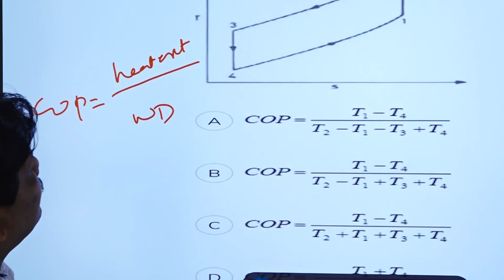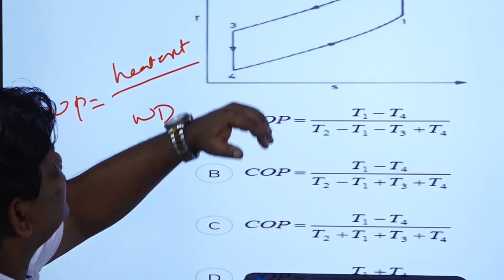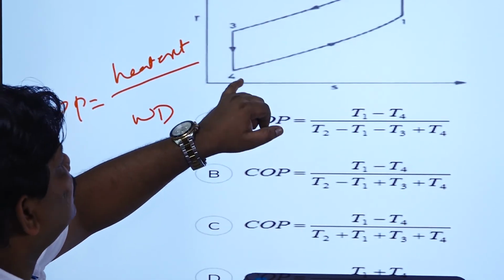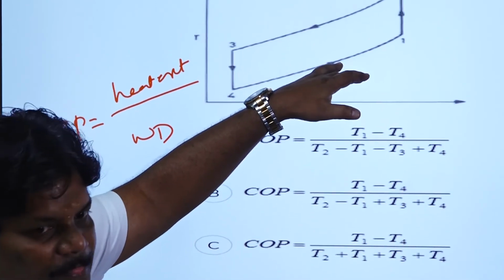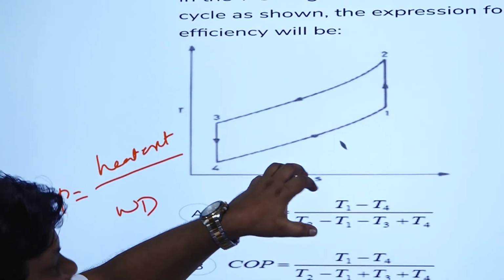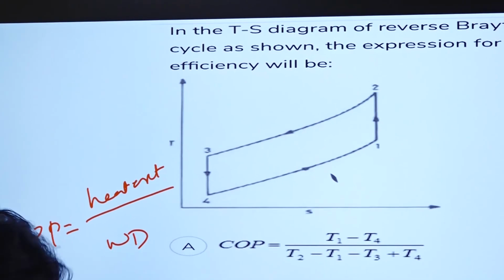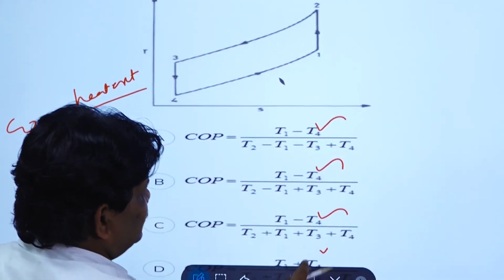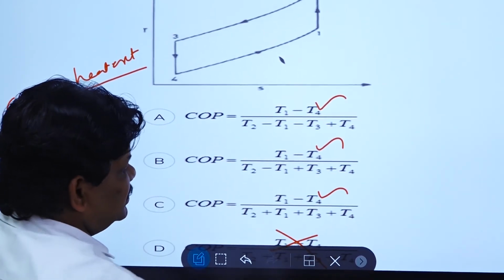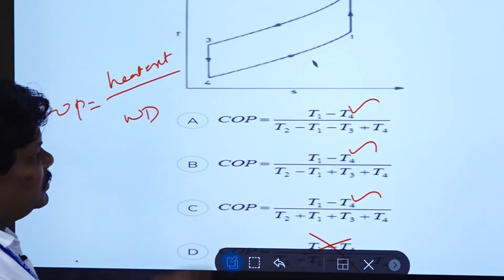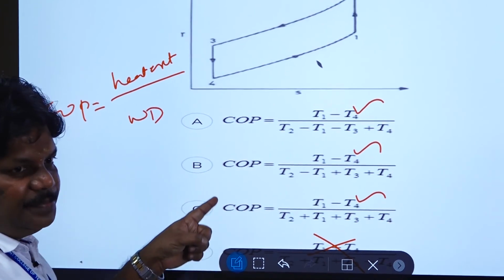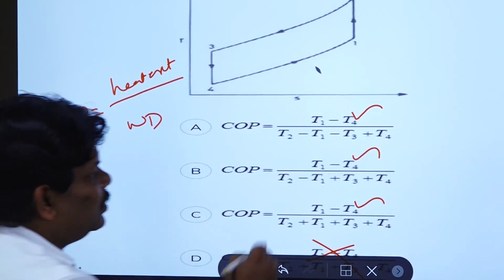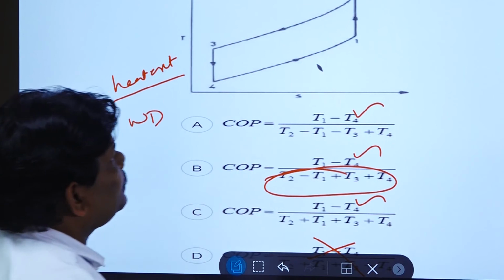Okay, so you can go here. What is the amount of heat that is extracted in this? So from 4 to 1, that is from 1 to 4, the amount of heat energy is extracted. So in all the cases you can see T1 and this is T1 plus T4. So this is wrong. Okay, so you have the options A, B, C. But you should know what this one is.